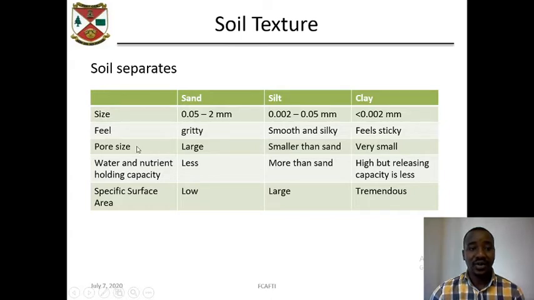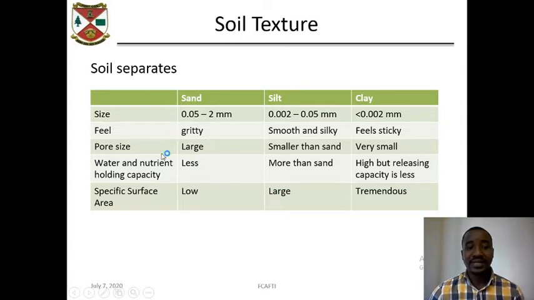Then the pore size, the pore spaces between these soil particles, water and nutrient holding capacity, and specific surface area. So if we are looking at sand, for example, we know from the previous table that the size of the sand particles ranges from 0.05 to 2 millimeters. And when you feel the sand, it will feel gritty, just like table salt.